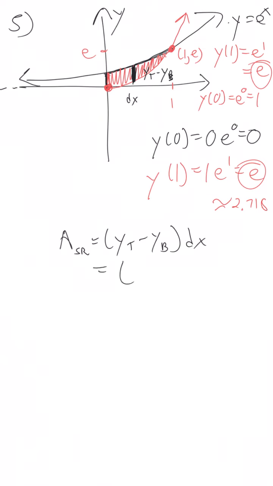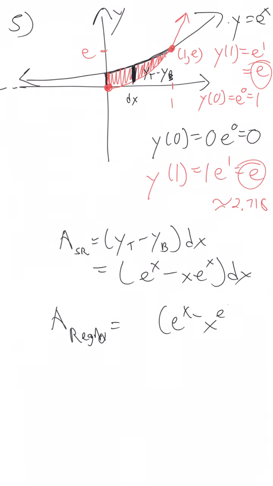And in dx, y top looks like e to the x. Y bottom looks like x e to the x dx. Therefore, the area of the whole region R is going to be e to the x minus x e to the x dx.